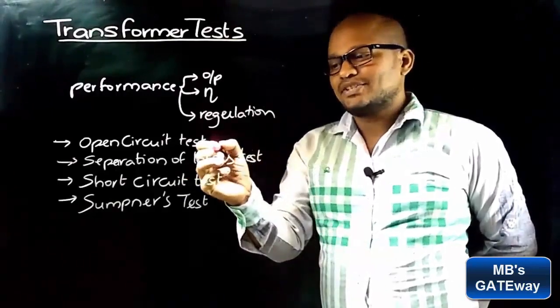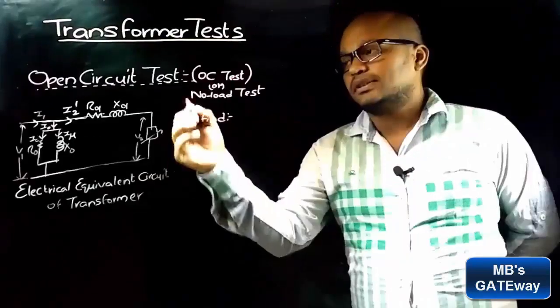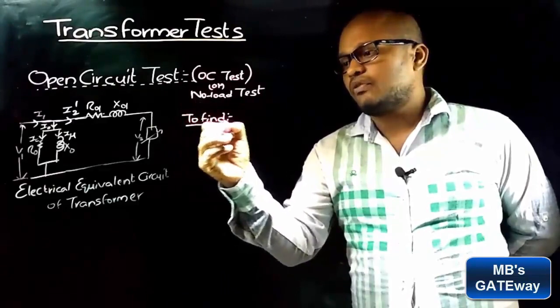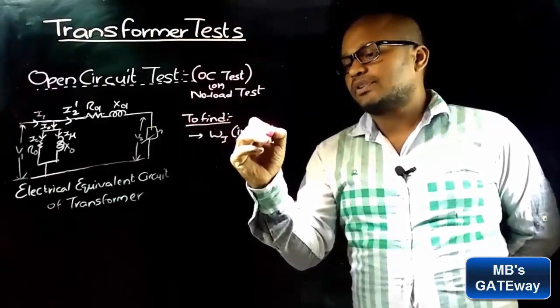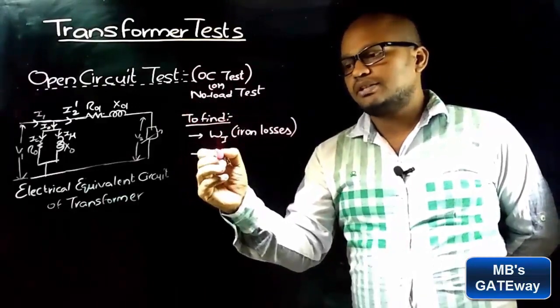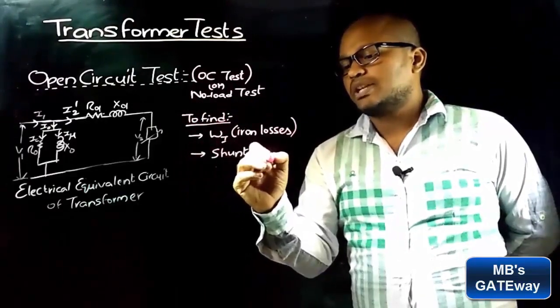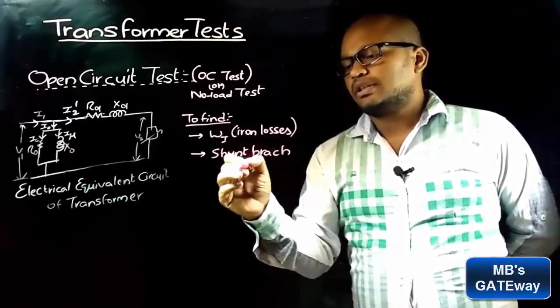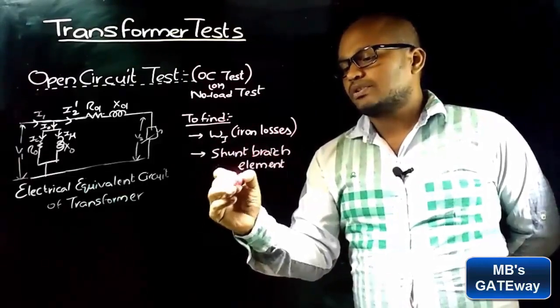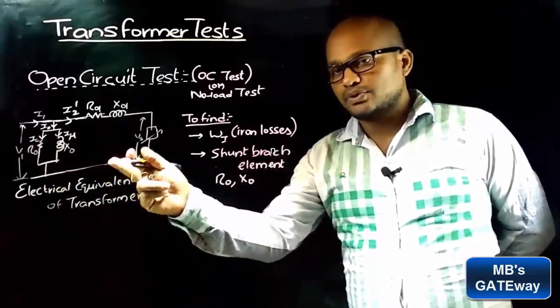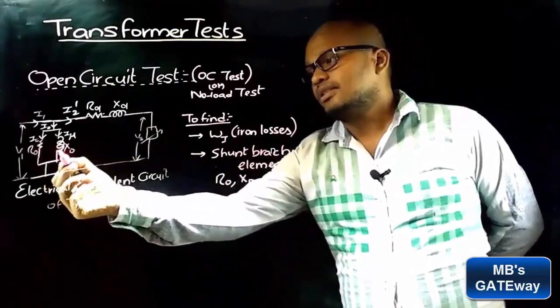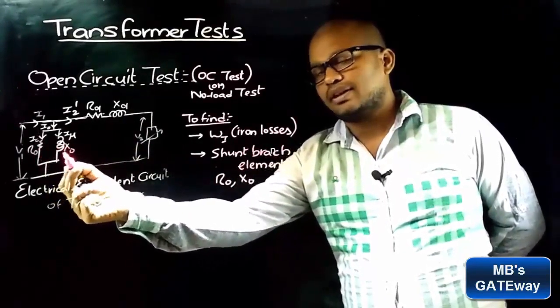Now let's discuss the open circuit test. This test is performed to find the iron losses of a transformer and the shunt branch elements R0 and X0. This is the electrical equivalent circuit of a transformer, and these are the shunt branch elements R0 and X0.